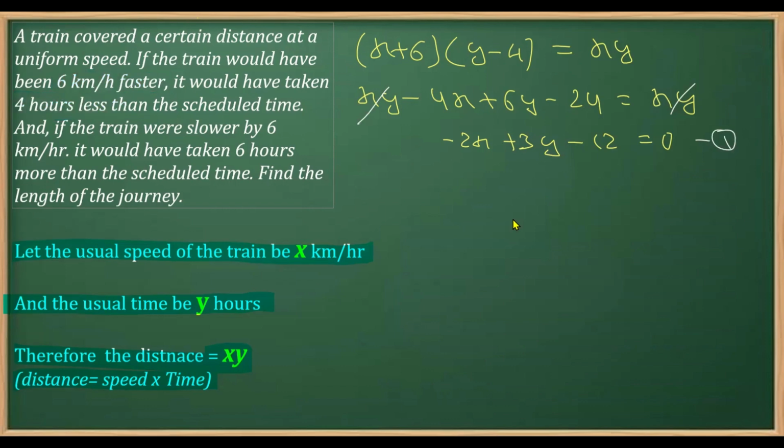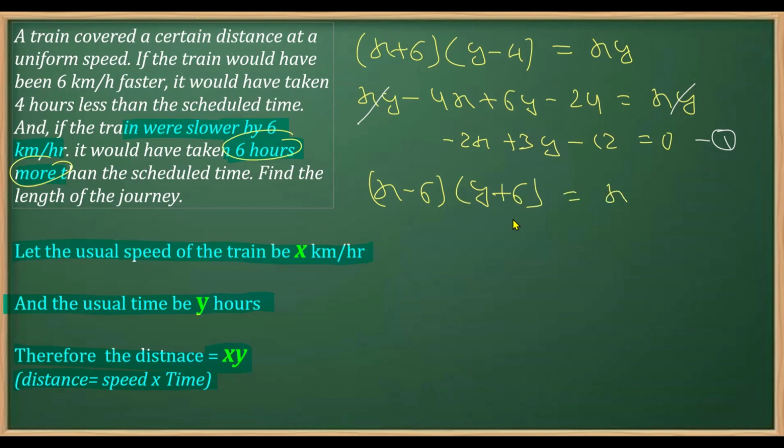Now similarly we can find the second. It says this time the train is slower by 6 kilometer per hour, and it would take 6 hours more. So the new speed of the train is x minus 6, and the time taken is 6 hours more, so it should be y plus 6.